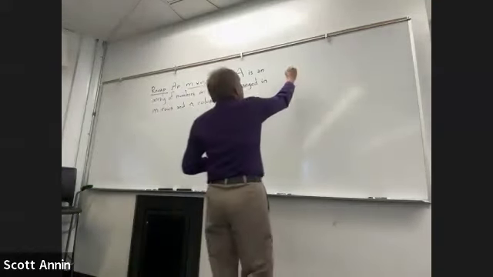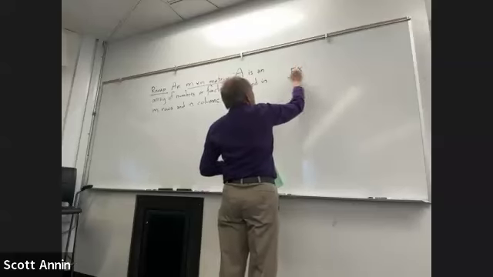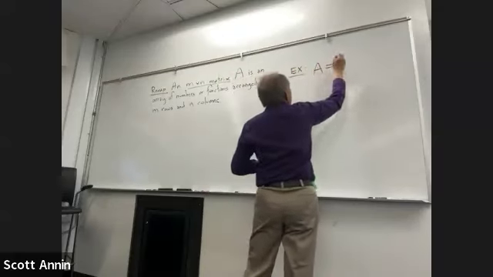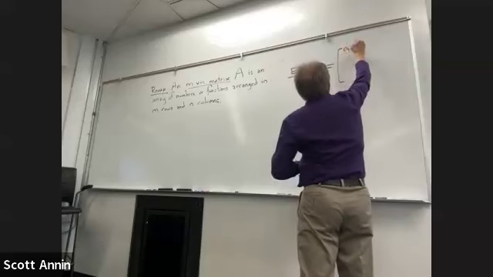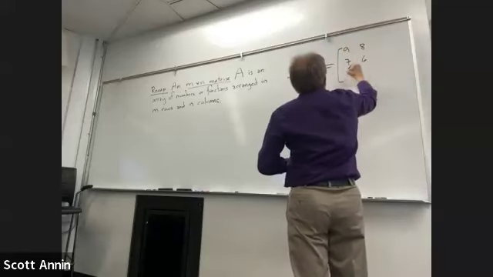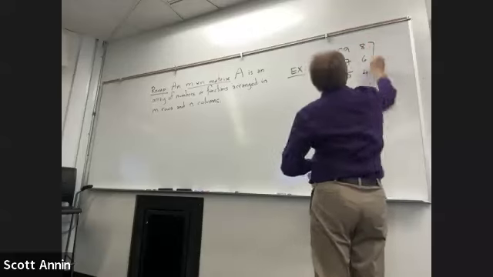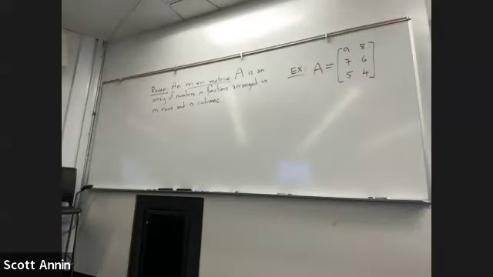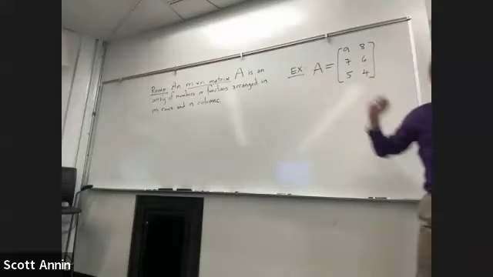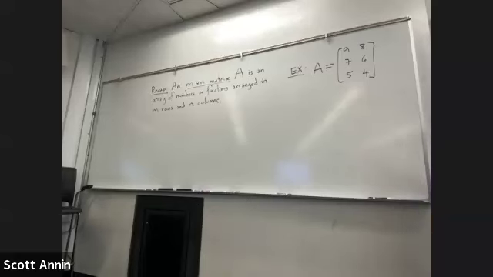So, we wrote down a few examples on Tuesday. Let me write down one more example here of a matrix that we could look at. This one is just a matrix of numbers, and I could draw it out like that. Okay, so 9 and 8, and then 7 and 6, and then 5 and 4. Real quick, can somebody tell me what's the size of that matrix? 3 by 2.